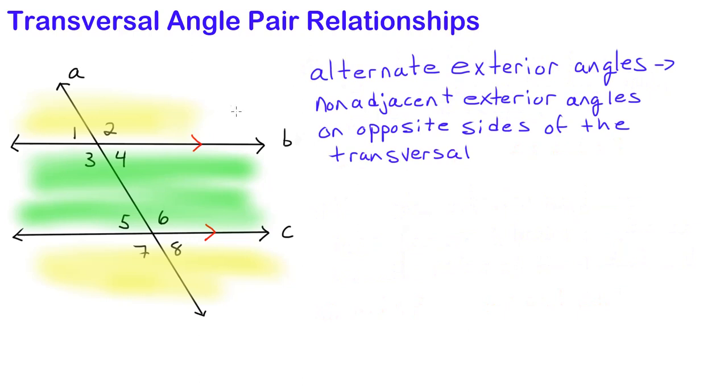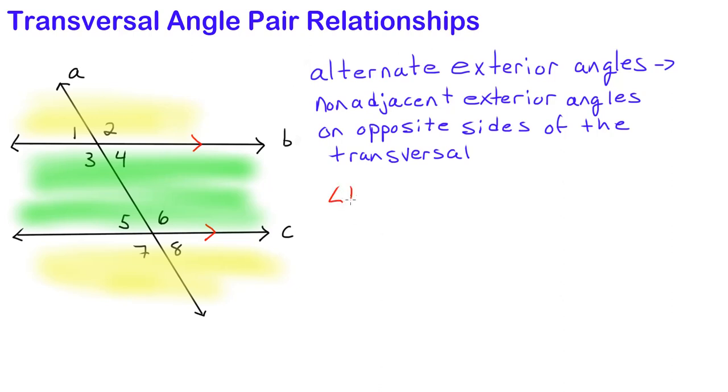Alternate exterior angles are the same concept, except now we're dealing with the exterior. So they are non-adjacent exterior angles on opposite sides of the transversal. So we're looking at the yellow zones here. If we look at angle 1, it is outside line B to the left of the transversal, and angle 8 is outside line C to the right of the transversal.